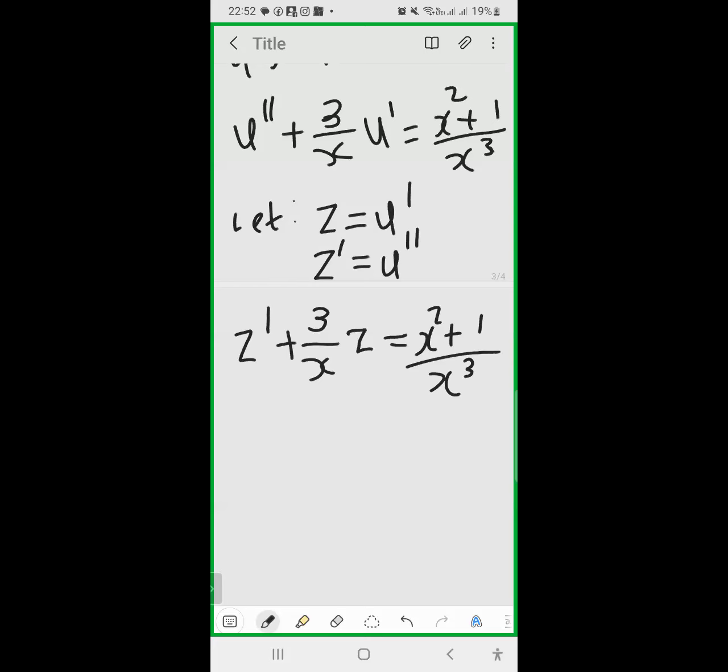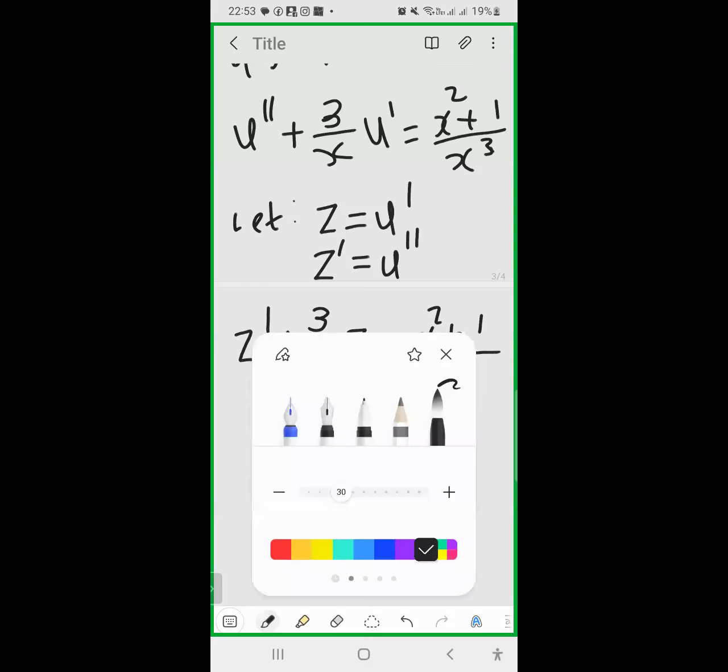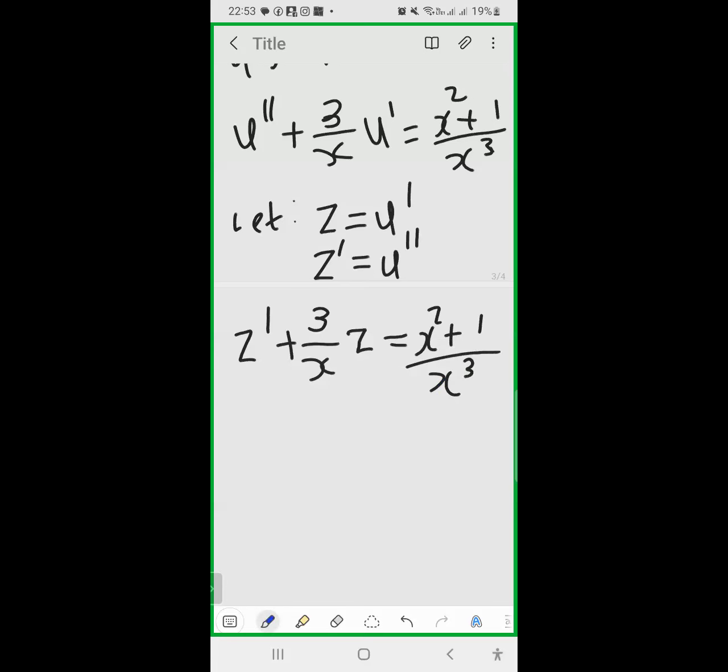So let's continue and find the integrating factor. The integrating factor is going to be given by e to the power integral of 3 over x dx.